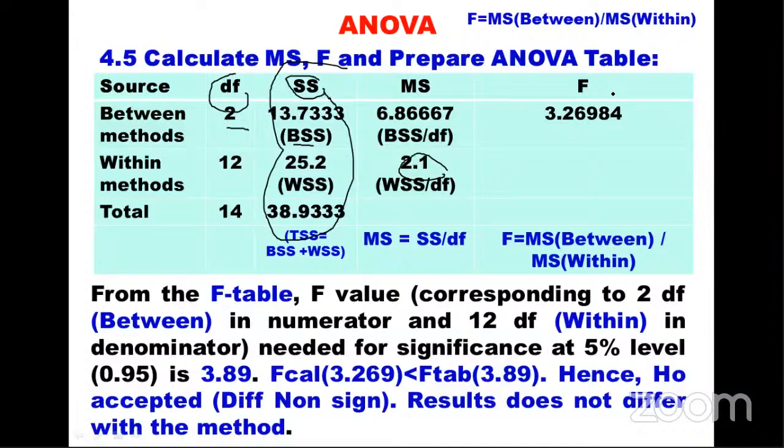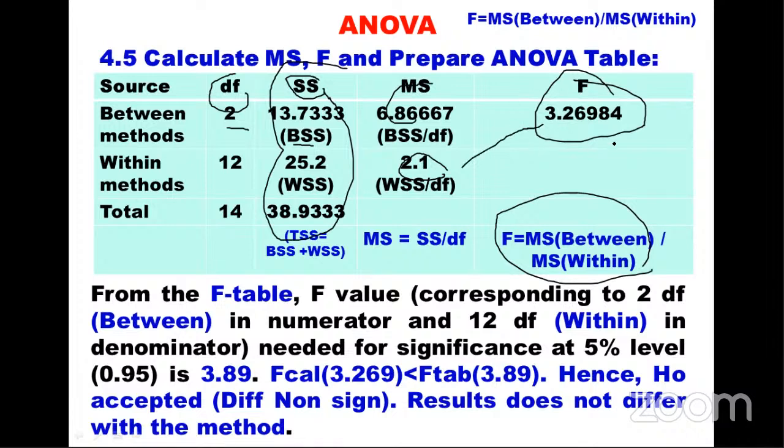And F is equal to MS in between divided by MS within. This is the formula actually. So 6.86 divided by 2.1 comes to 3.269. So the F value in ANOVA is 3.269. Again, go with the table and find F tabulated.